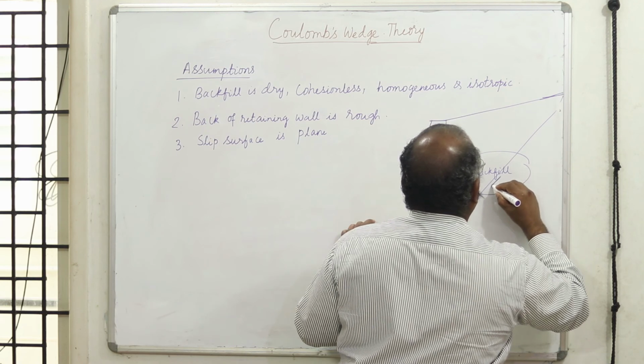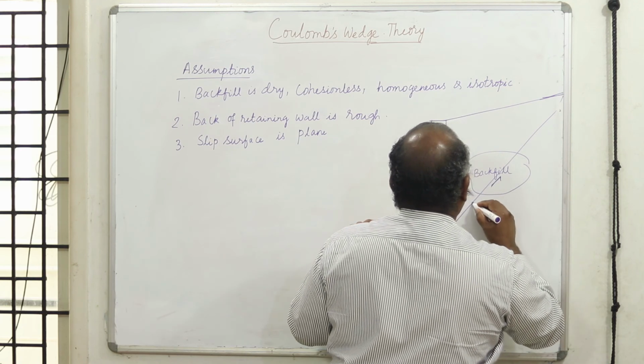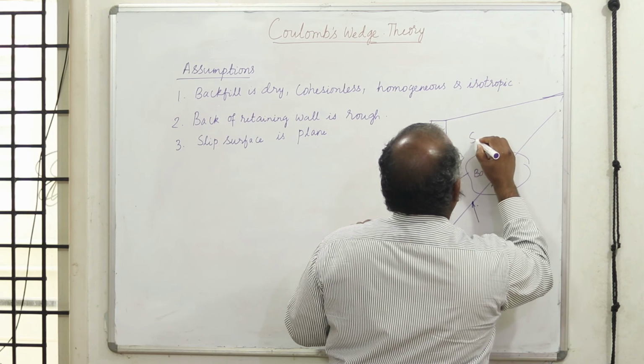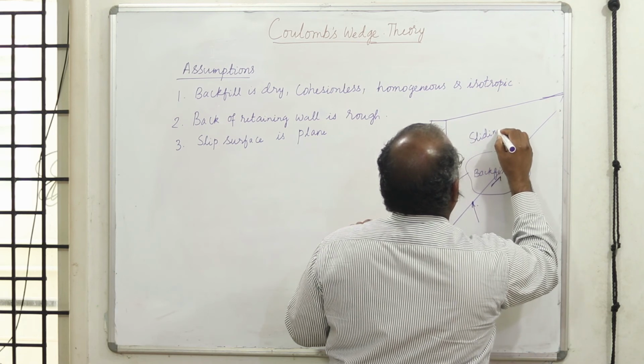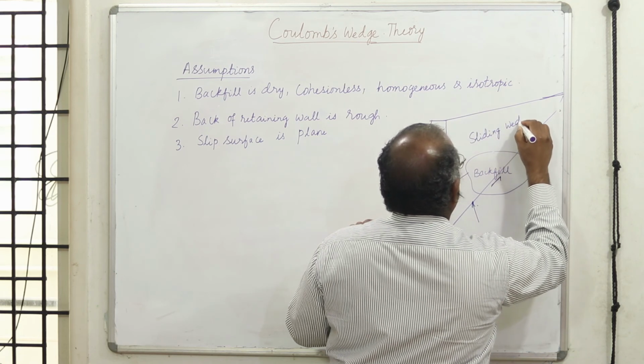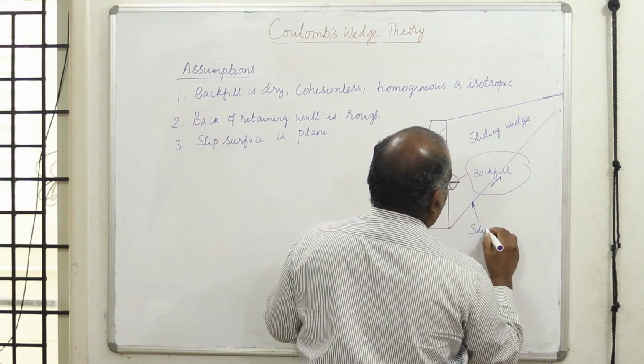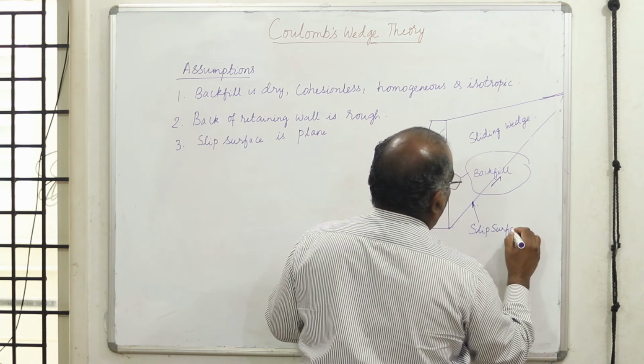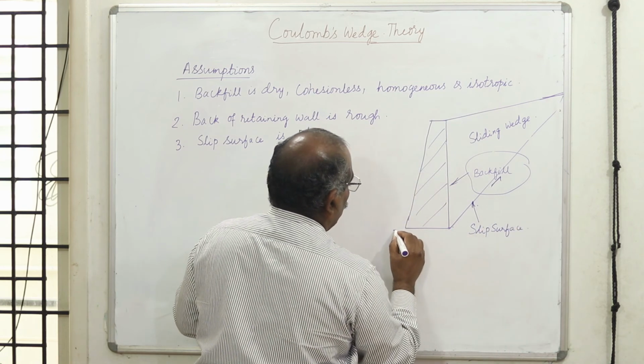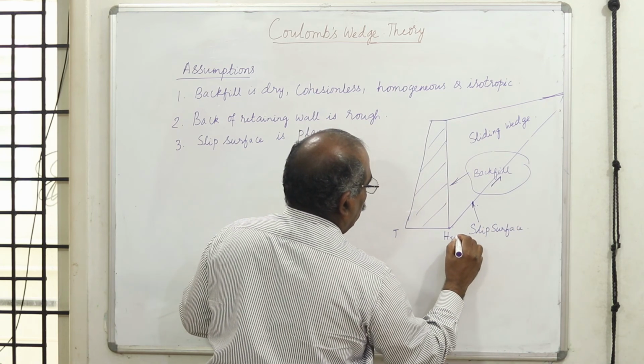There will be a force created. This is called the sliding wedge. This is the sliding wedge, and this is the slip surface. This is the toe, this is the heel.